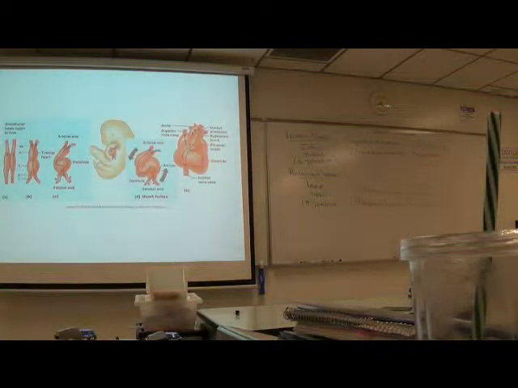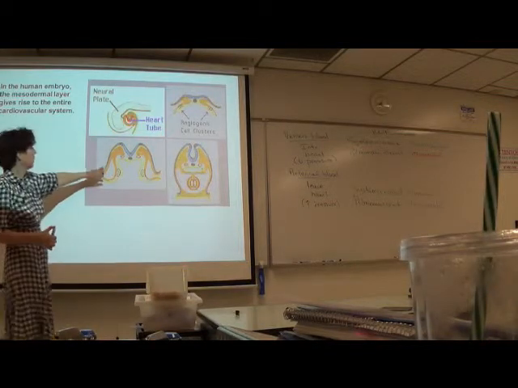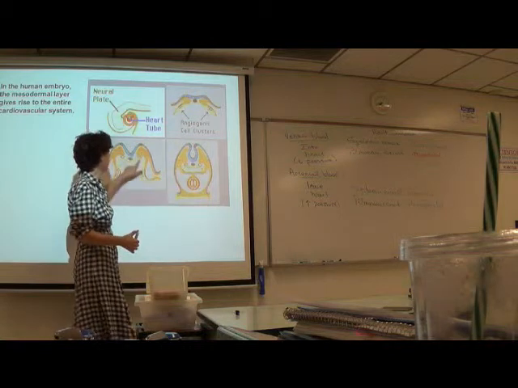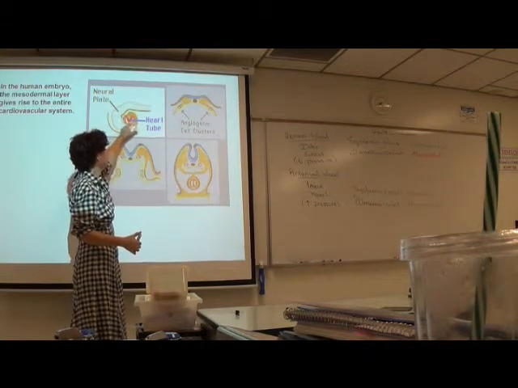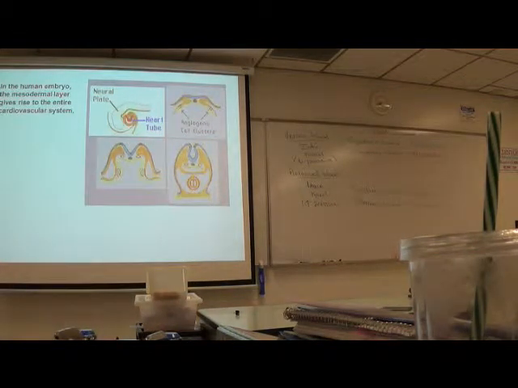Okay? And so here's the folding that we'd looked at towards the end of our first unit. And the heart develops, here's the two dorsal aortas, and the heart develops in this area right here. Blood cells actually come from the yolk sac and migrate into the body.